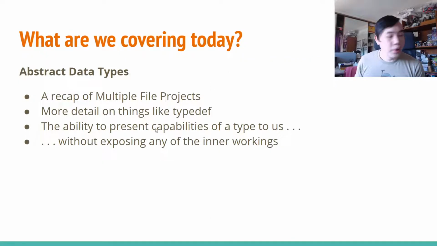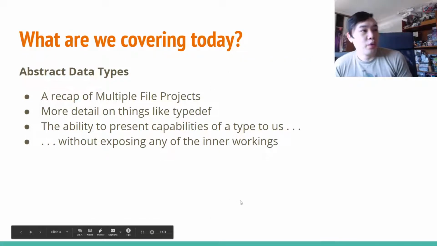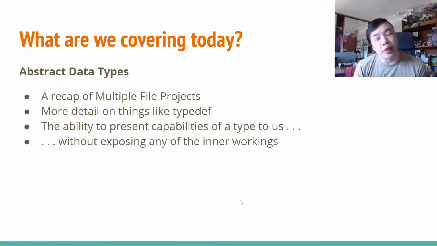Okay, so what we are talking about today, we are doing abstract data types, and we're going to do a recap of what we were talking about with multiple file projects. But as I do that recap, I'm going to add new detail in. So I'm going to talk about how exactly these things are working. There's not much new information, it's more how we're thinking about it.